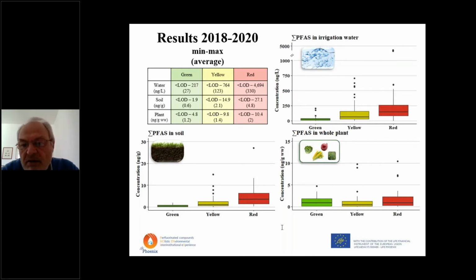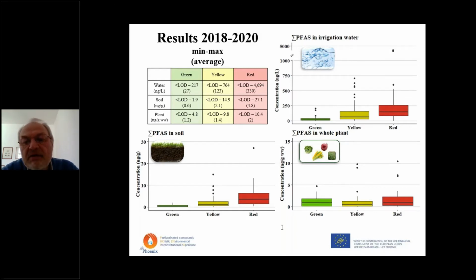Laurent Almaric from BRGM asks: to be sure to understand correctly, is it correct that your sum of PFAS results are obtained by TFC analysis, not by calculating the sum of individual PFAS measured? No, sorry, there is a misunderstanding, because TFC is not total fluoride.